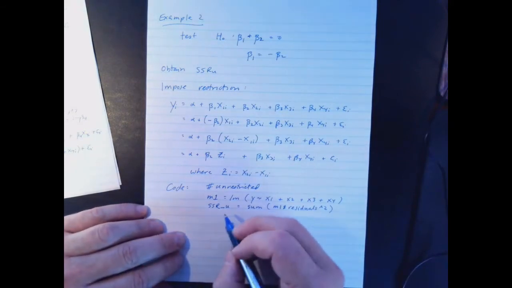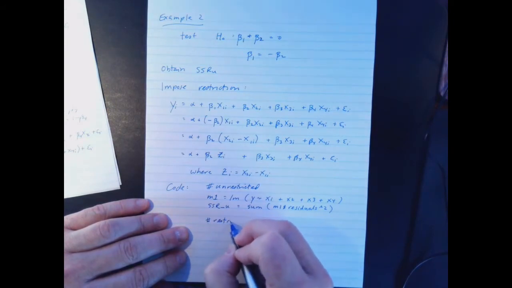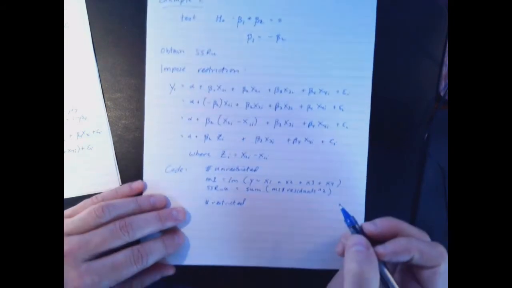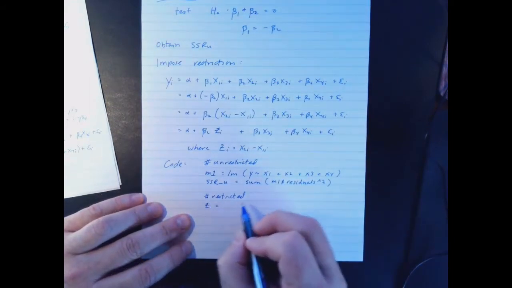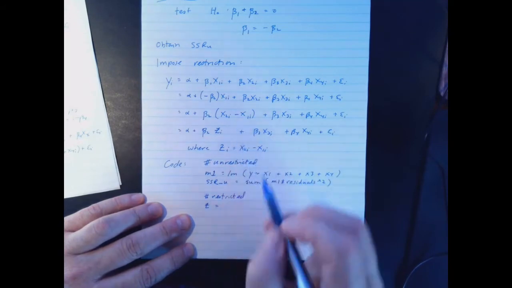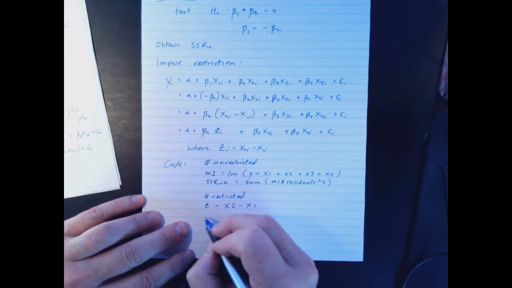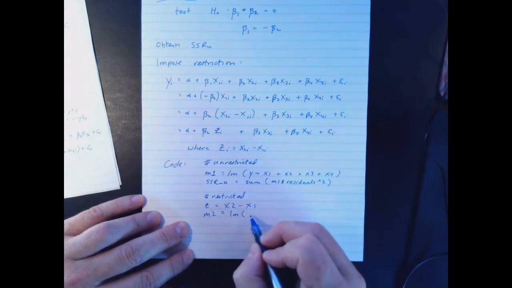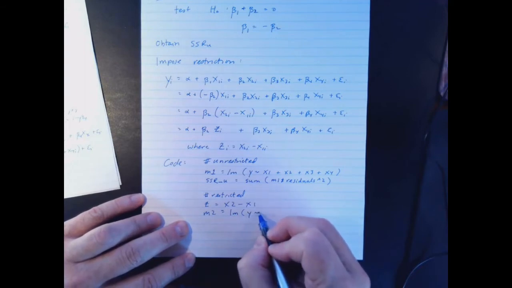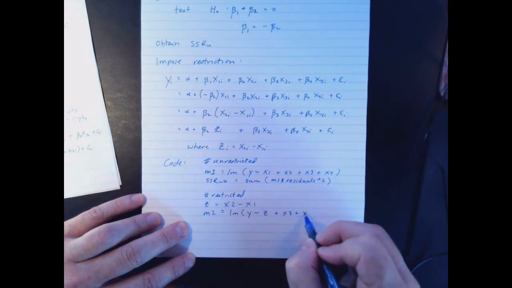And then we'll have to do our second model, restricted. We'll do this. Z equals, what did we say, x2 minus x1. Now our second model is going to be LM y on z plus x3 plus x4.